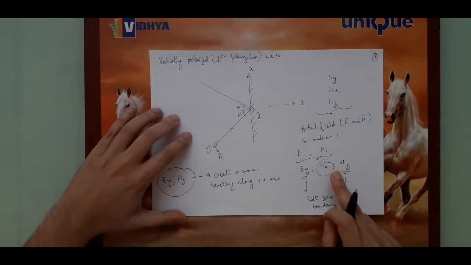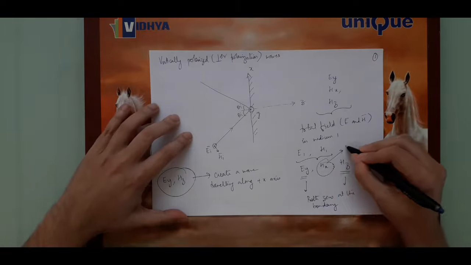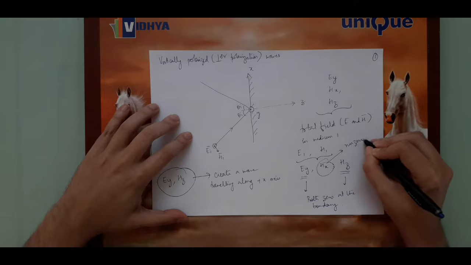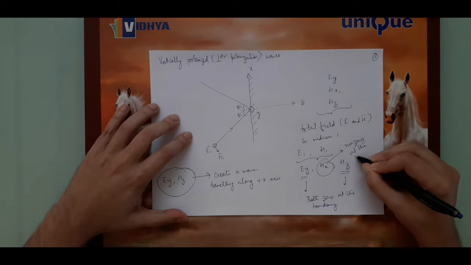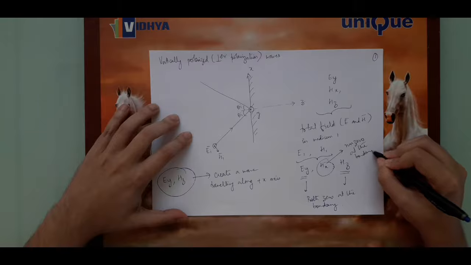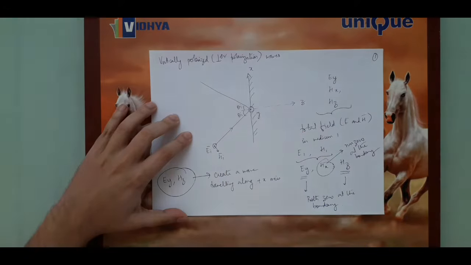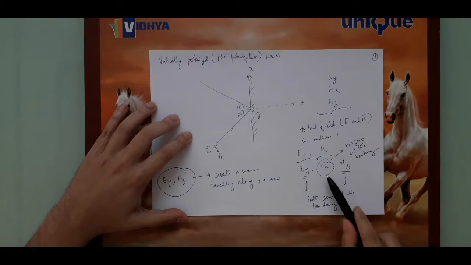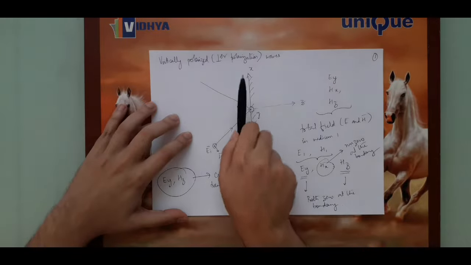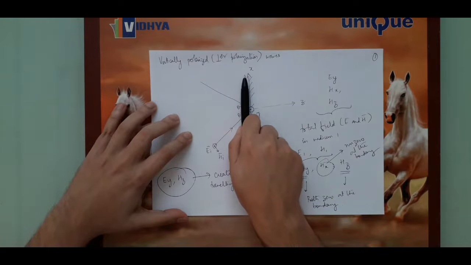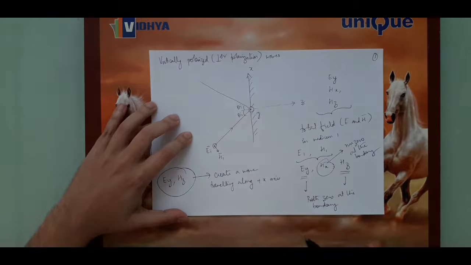So what happens is Hx is non-zero at the boundary. So this is the tangential magnetic field along the boundary. As per our definition of boundary conditions, we know that a tangential magnetic field at a conductor boundary will create some surface current.